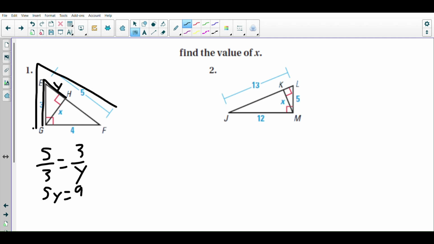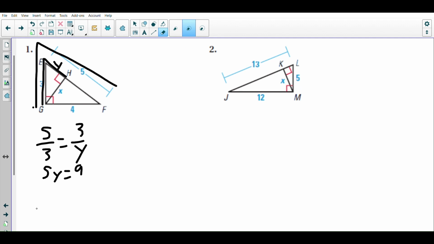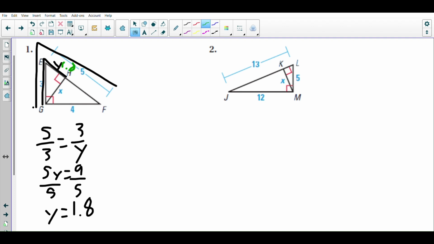So now I can simply solve for y, cross multiply. So we get 5y is equal to 9. Let's just show our work here. Divide both sides by 5. So I get y is equal to 1.8. And now I have y, so that means I have 1.8 here, and then this side is 3.2.